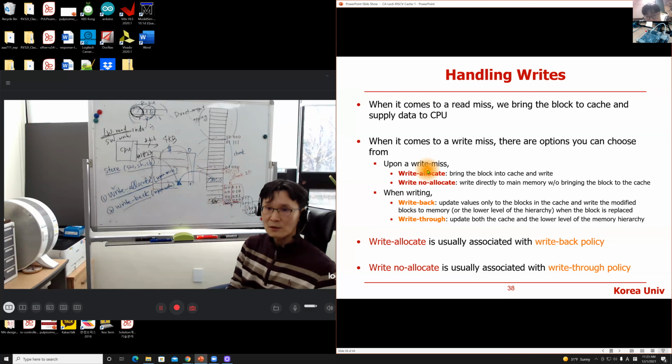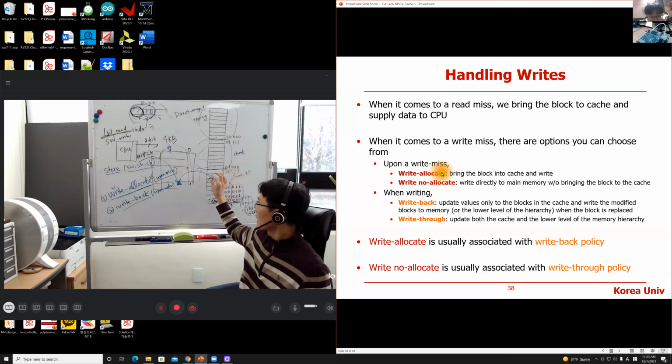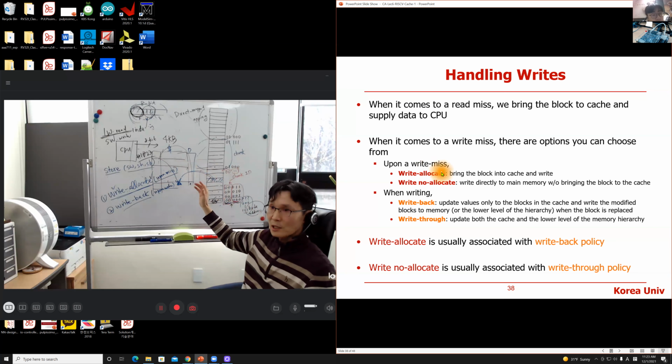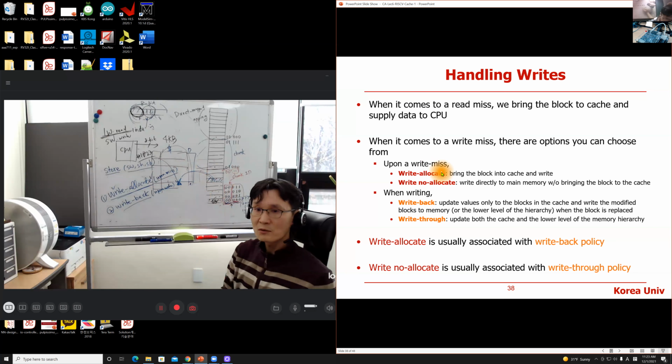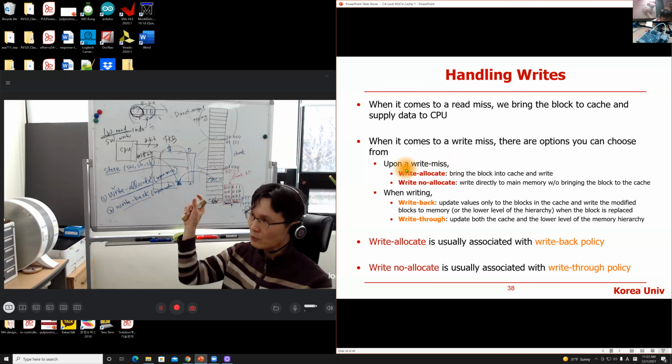Allocate means, as the name says, allocate the memory block to the cache. No allocate means I'm not going to copy the memory block to the cache. So upon a cache miss, a write miss, there are two different policies: allocate, no allocate.